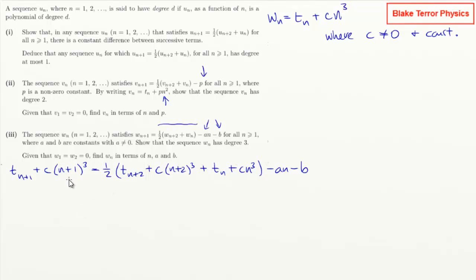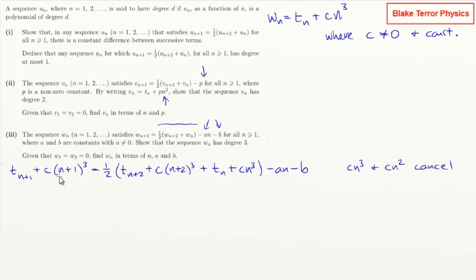So what about my c n squareds? I'm going to have 3 of them on the left, and then in here I'm going to have 6 and then halve them, so they're going to cancel as well. So I can say, right, the c n cube and c n squareds cancel. What about the c n's?